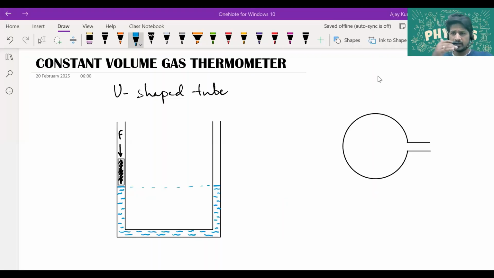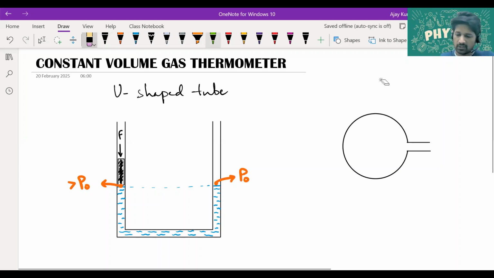So if we apply additional force on one side, basically what you will be doing is making the pressure at this point greater than atmospheric pressure. We had learned this in fluid mechanics. Now, if the pressure on the left side at that level is greater than atmospheric pressure, but on the right side it is equal to atmospheric pressure, then what happens?